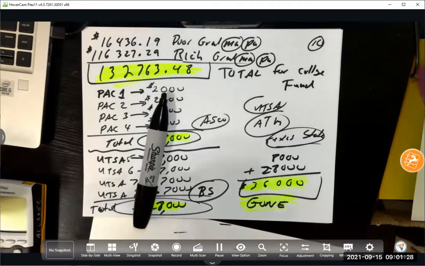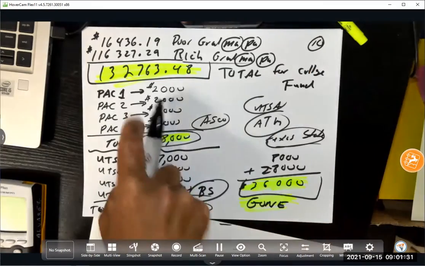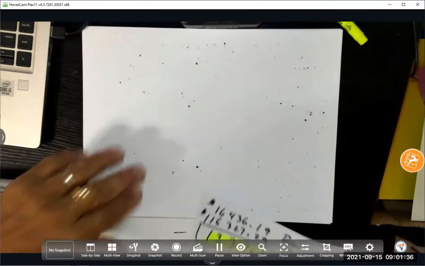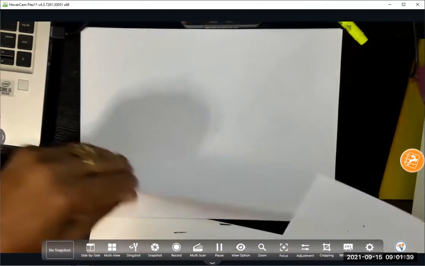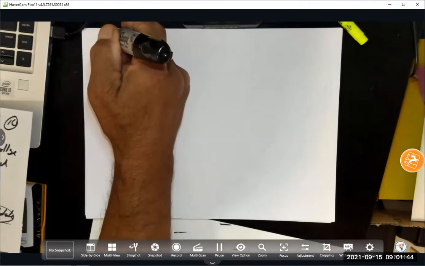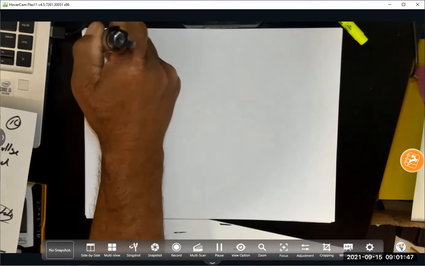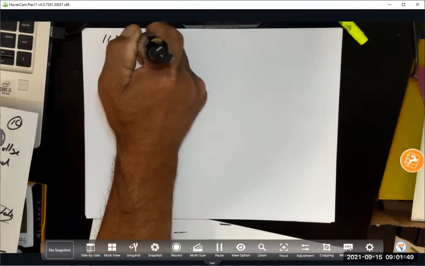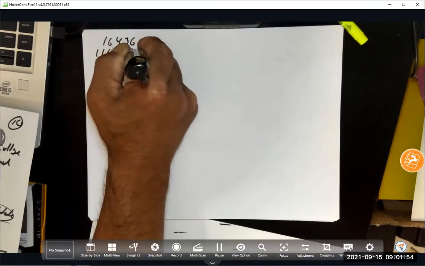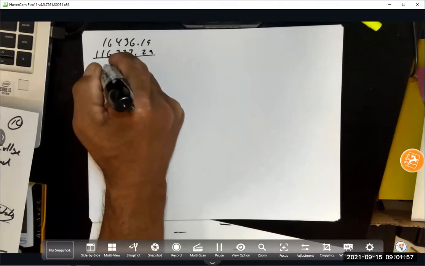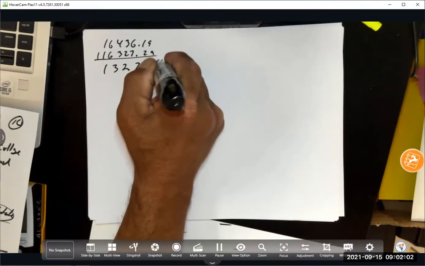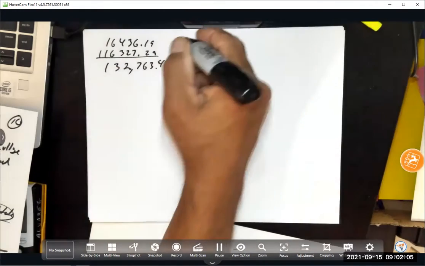All right, so now let's see what we have left over. I'm just gonna write this over here. So originally you had 132,763.48.